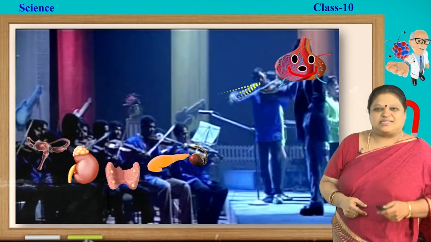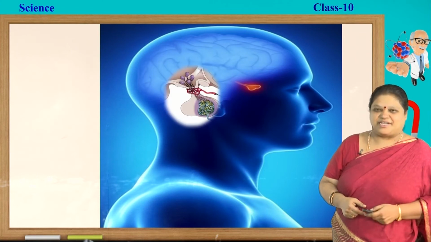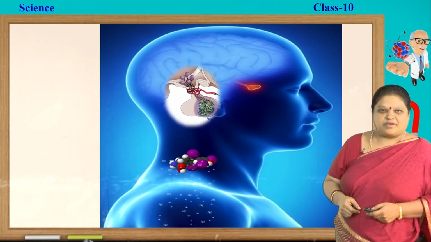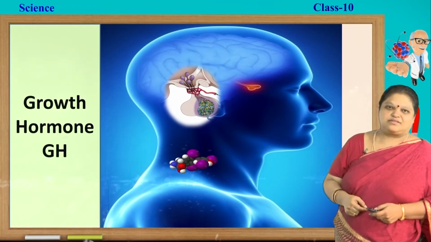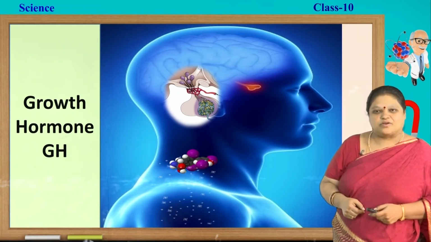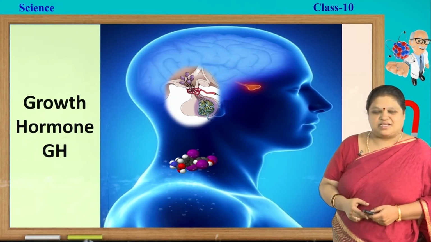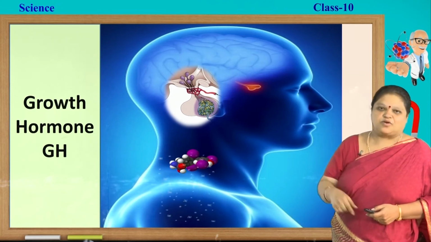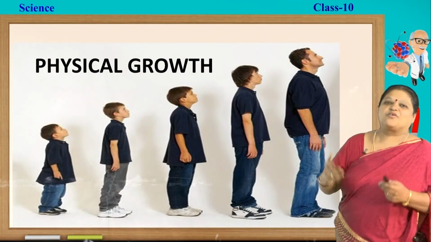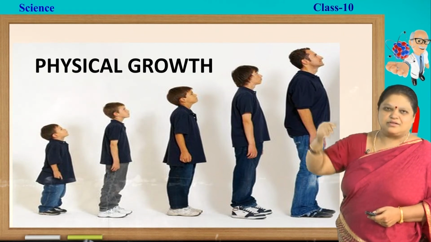Now, let us see what its functions are. The pituitary gland secretes hormones. You call one hormone the growth hormone, GH. Not only growth hormone, it secretes several hormones. Let us see the main function of this growth hormone. As the name suggests, it helps in physical growth.